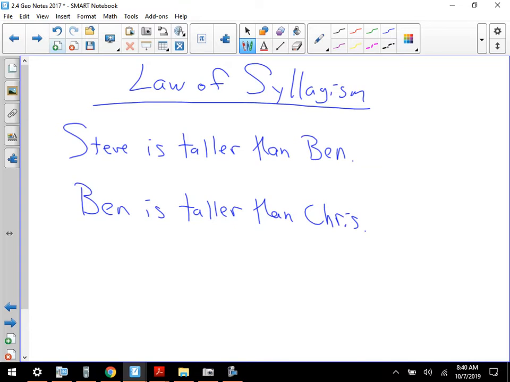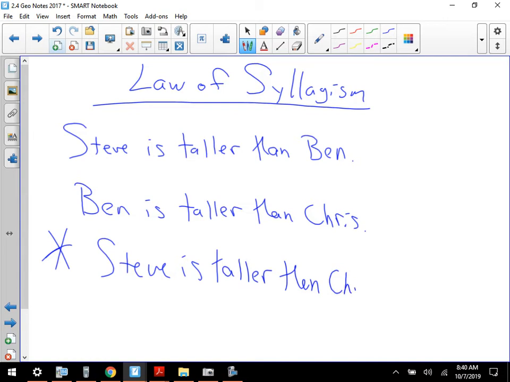Therefore, Steve is taller than Chris. Steve is taller than Ben, Ben is taller than Chris, therefore Steve is taller than Chris.